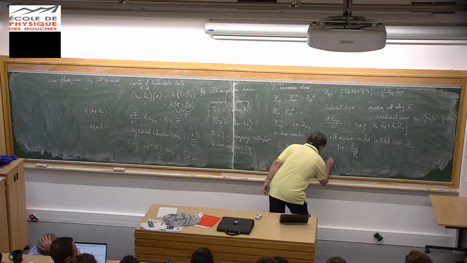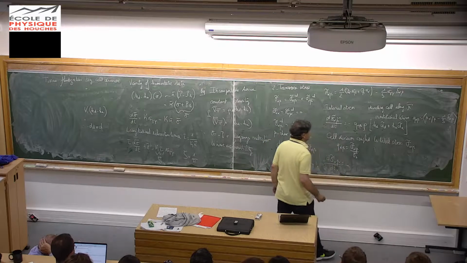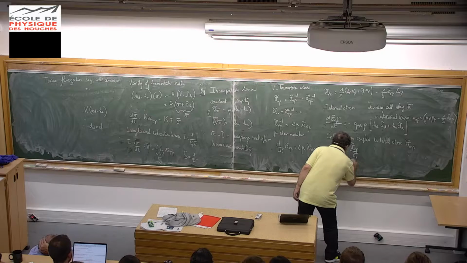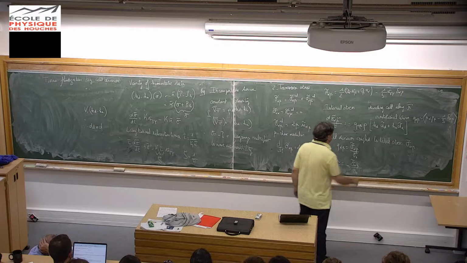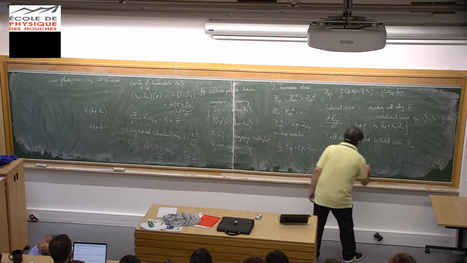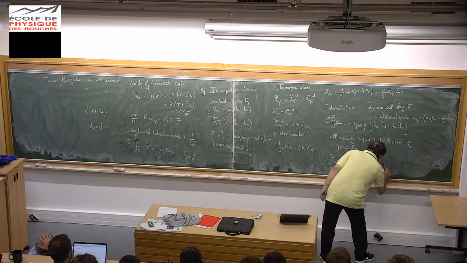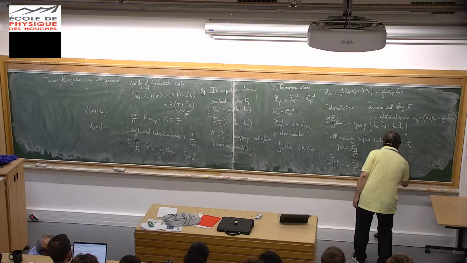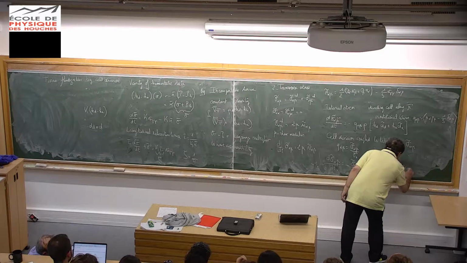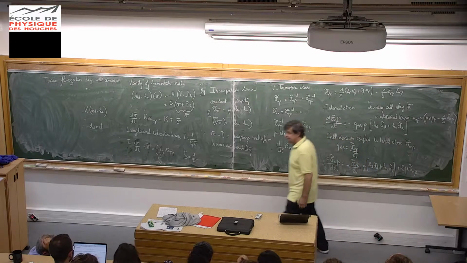So I get d sigma alpha beta dt equals minus sigma tilde alpha beta over sigma 0 times all of this, rho d tilde A plus 2 mu V tilde alpha beta.